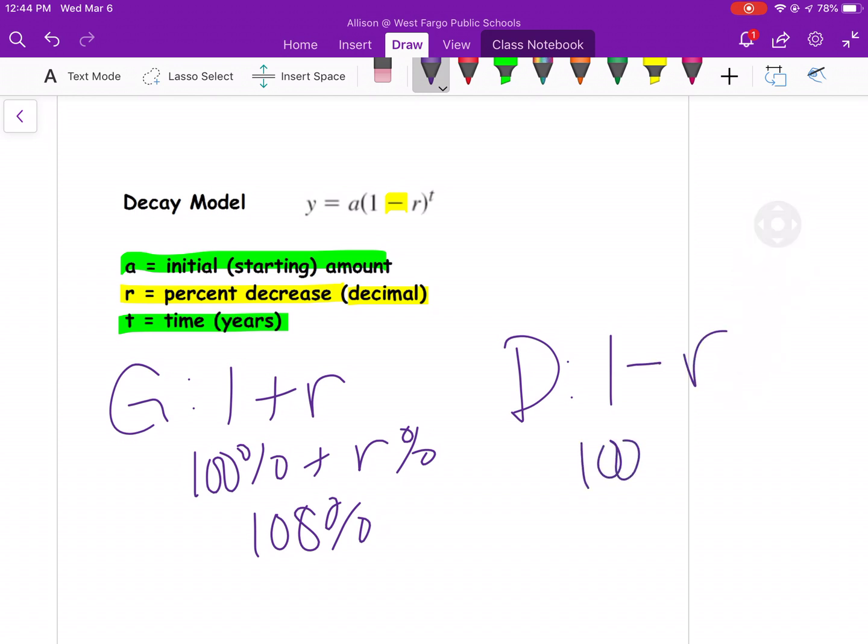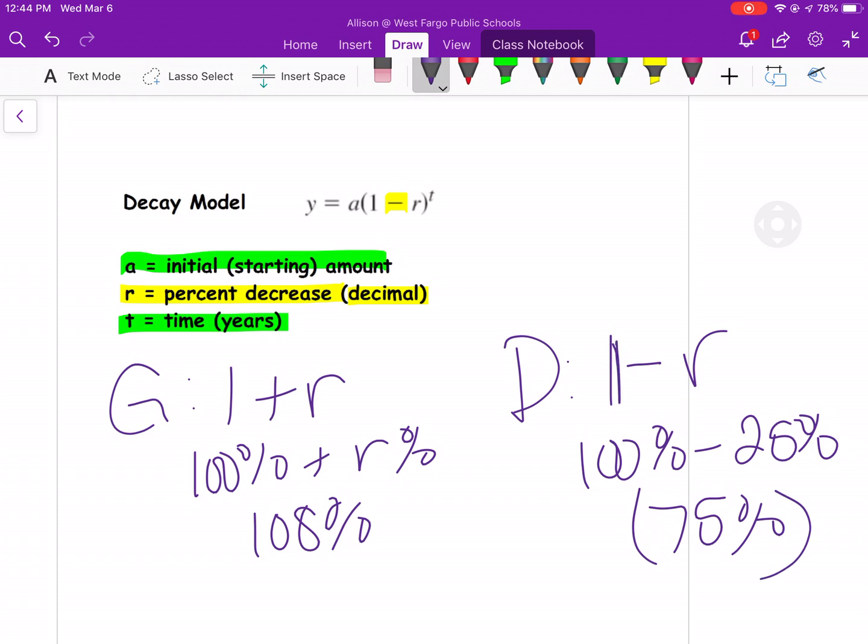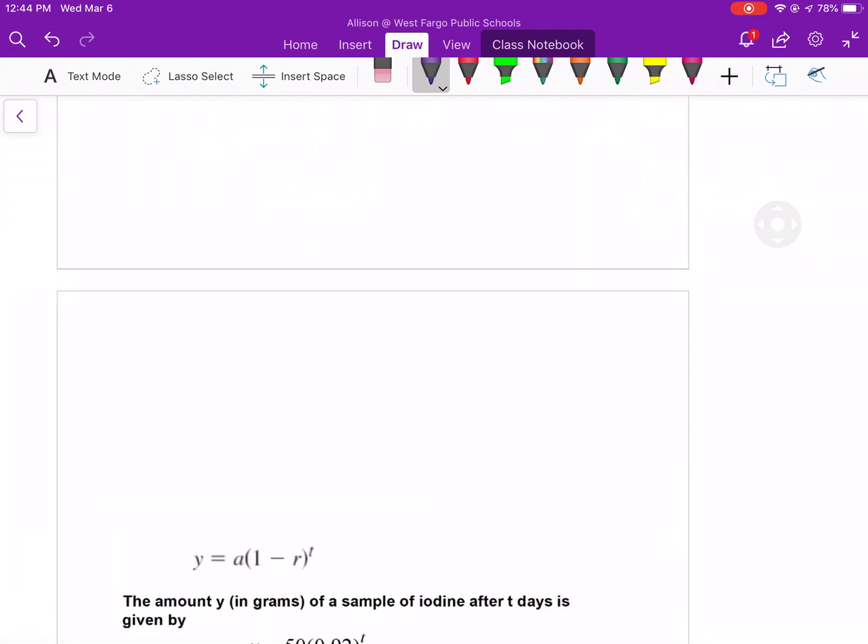So it's like 100% and it's decaying by 25%. Then your rate is at 75% in the middle here. So the 1 really is representing 100%. So that's why we need to make sure we put our percent in decimal. So main difference is that decay is subtraction. All right, so let's look at a couple examples.